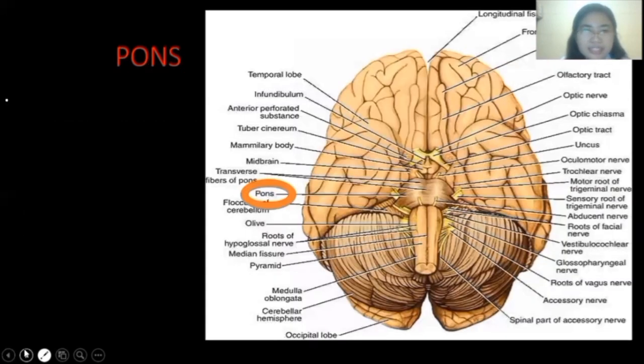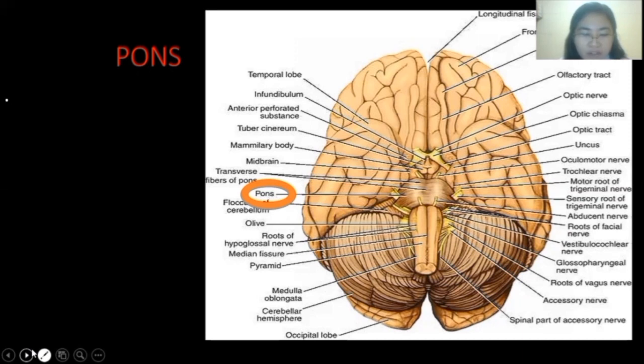So next is the pons. It contains ascending and descending nerve tracts as well as several nuclei. Some nuclei in the pons relay between the cerebrum and the cerebellum. Not only is the pons a functional bridge between the cerebrum and cerebellum, but on the anterior surface it resembles an arch.